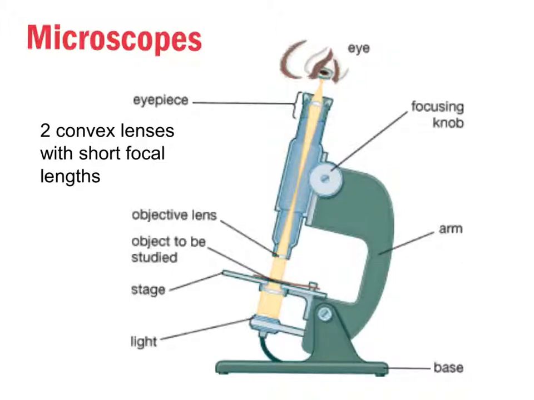The objective lens is a convex lens, and the image that is formed here is a real enlarged image of the object because the distance between the object and this lens is between 1 and 2 focal lengths. So this real image here is then magnified again by the eyepiece. It's another convex lens, and what is created is a virtual enlarged image that is magnified.